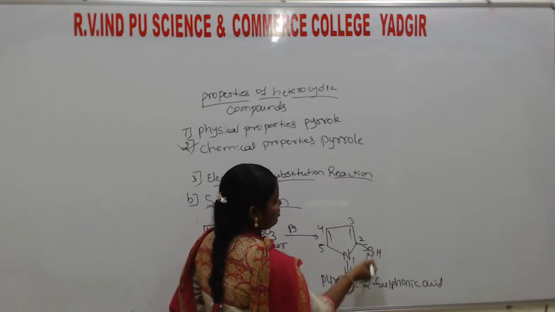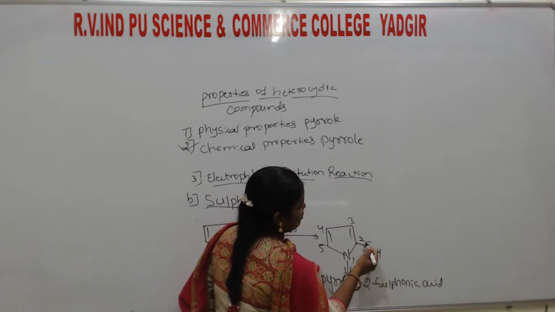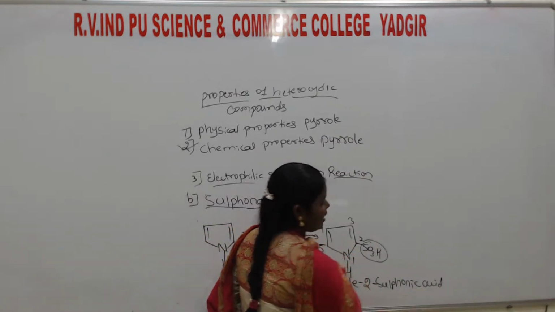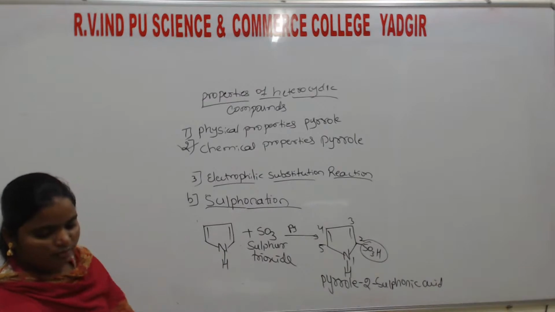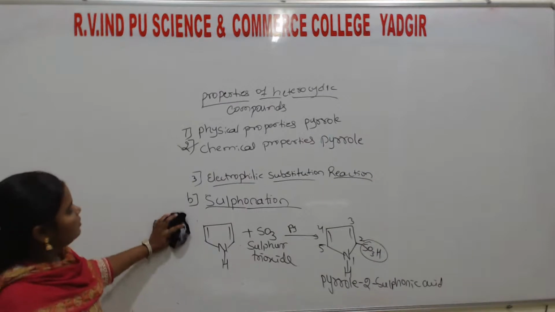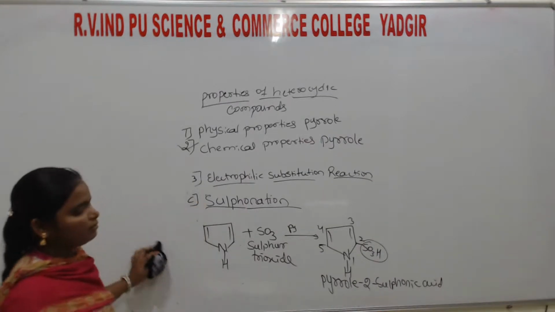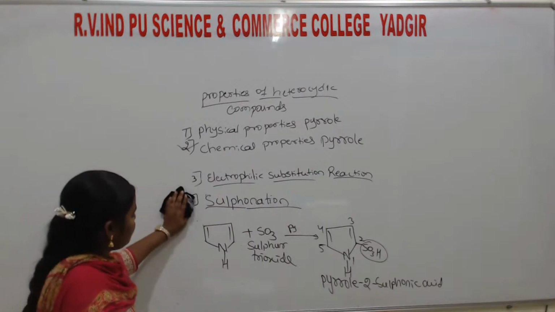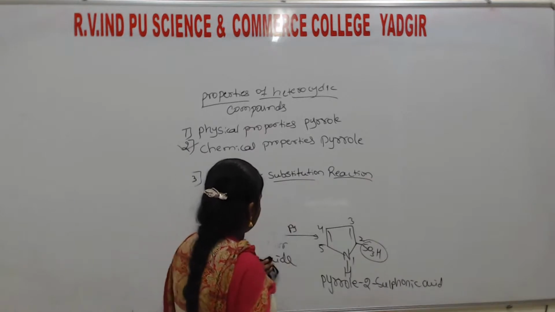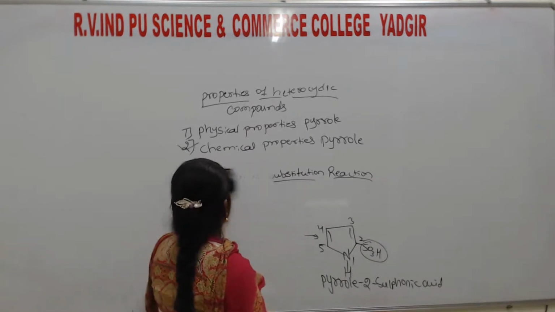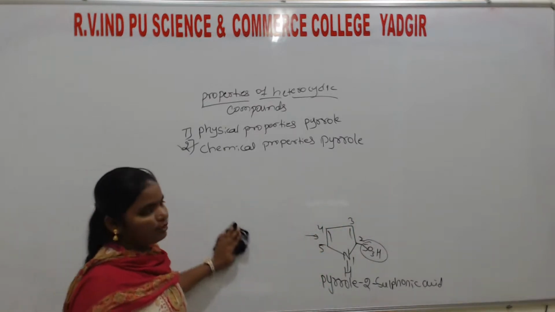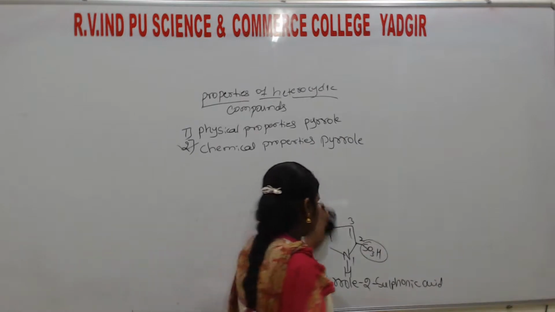The SO3H group is attached to the second position, that is a sulfonic acid. This is C. These are the electrophilic substitution reactions.